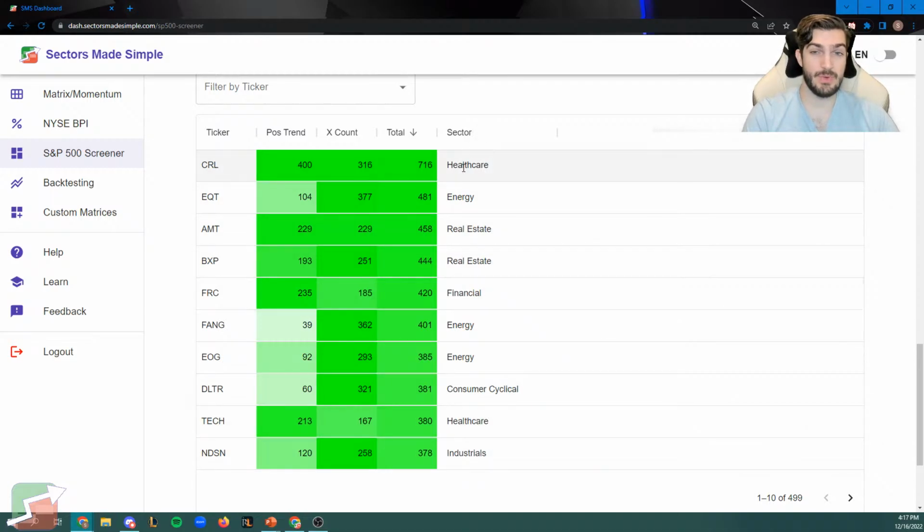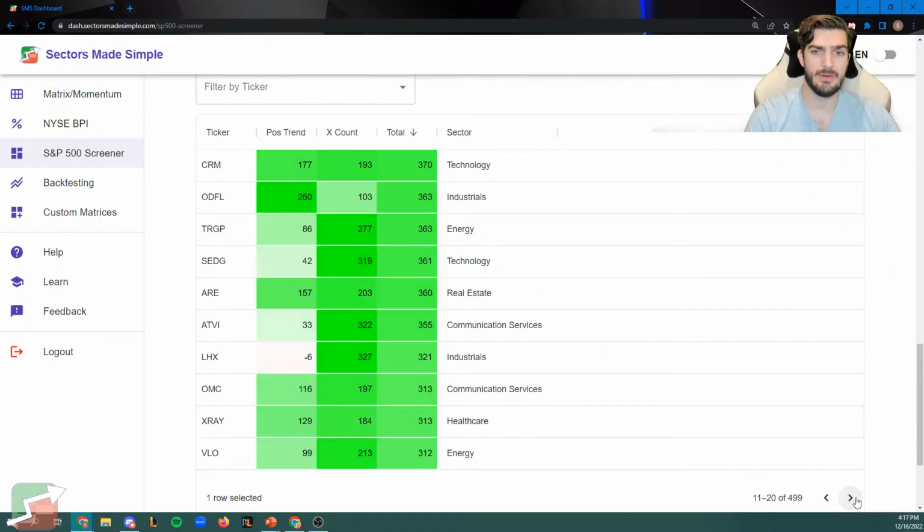Looking further down, we again see a very wide range of sectors. We definitely see the more defensive sectors holding ground, although utilities is a little bit further back. What we're not really seeing, though, is one sector or one class of sectors being the clear winner. Communication services, there are companies performing well.